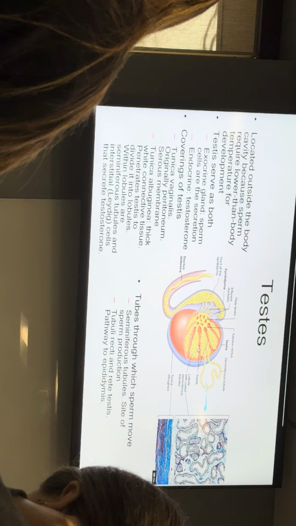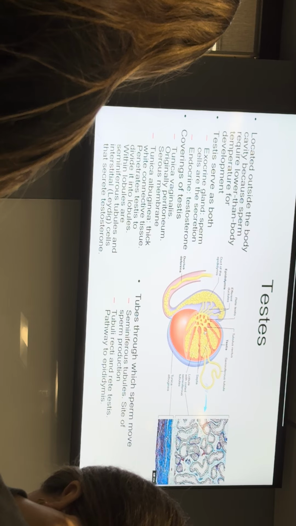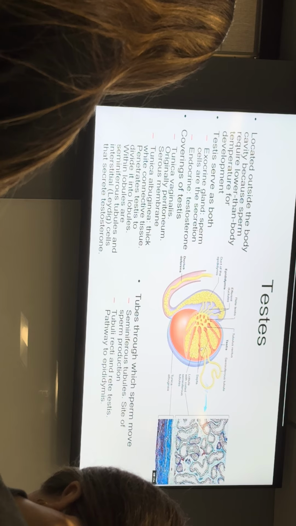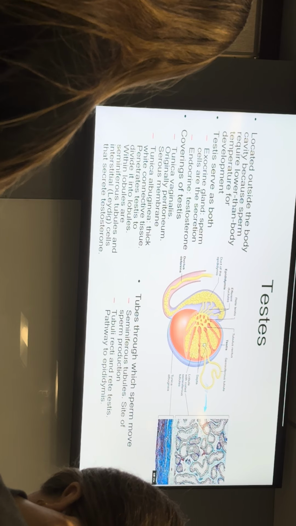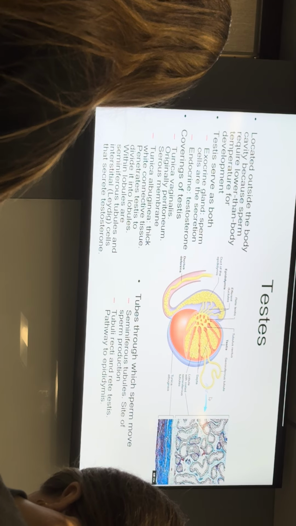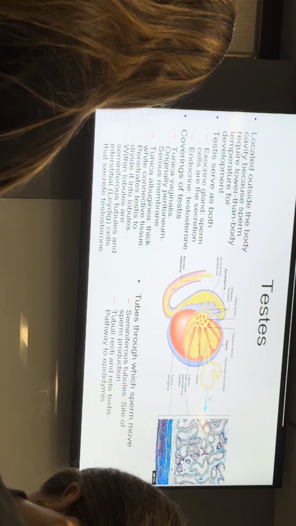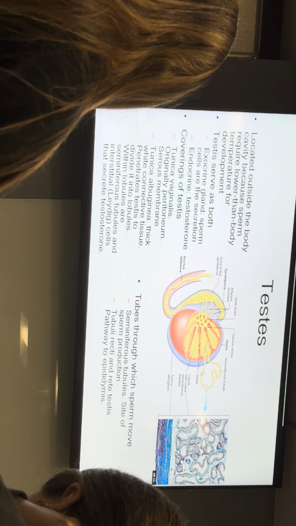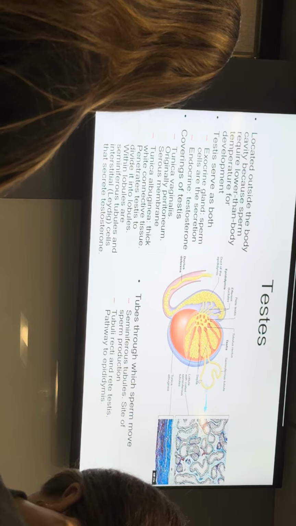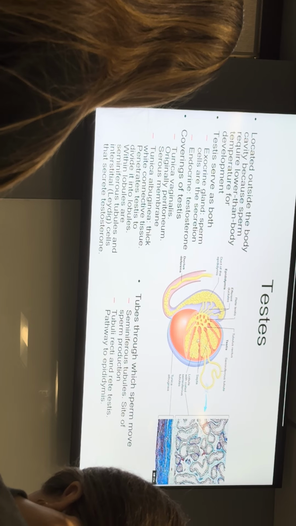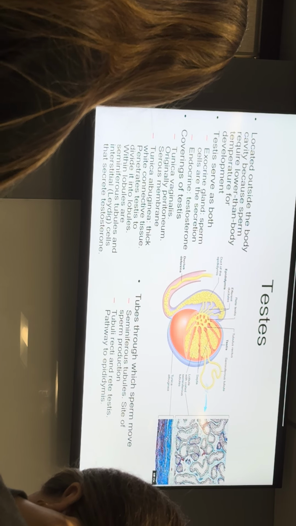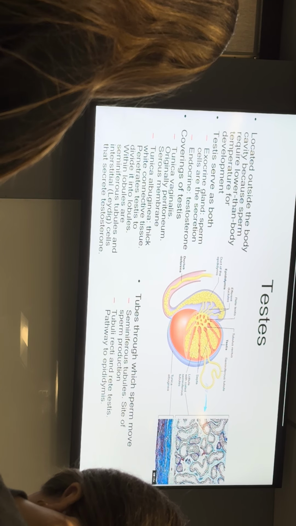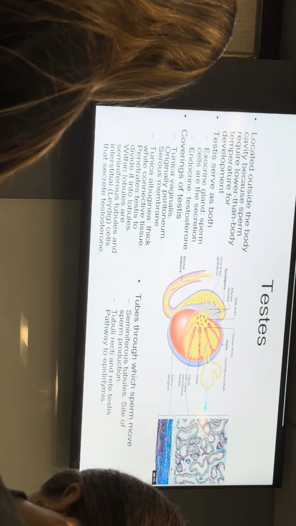These septa go in and divide your testicle into these compartments called lobules. And then each lobule has a bunch of seminiferous tubules all interwound within it. The seminiferous tubules are what produce your sperm. And in between the seminiferous tubules, like here, are Leydig cells, and Leydig cells or interstitial cells produce testosterone.